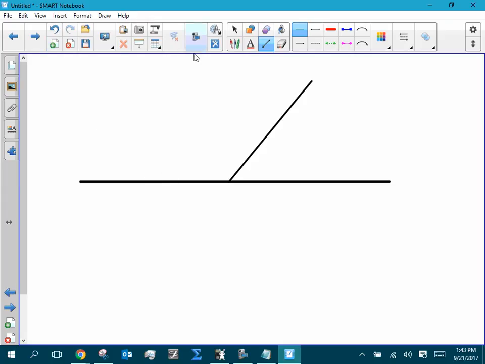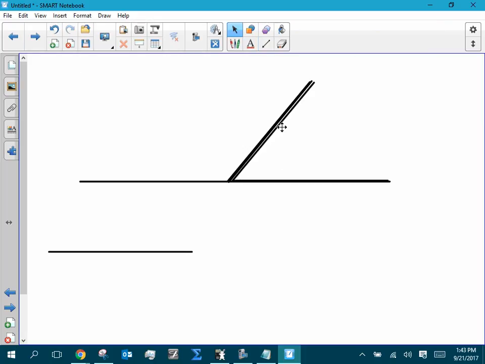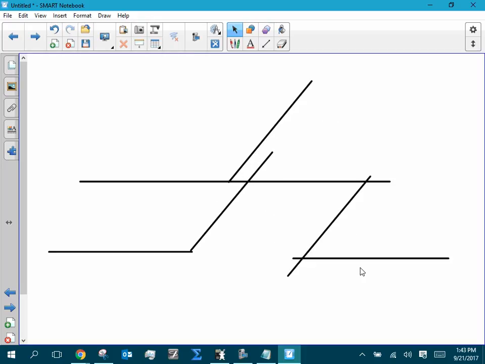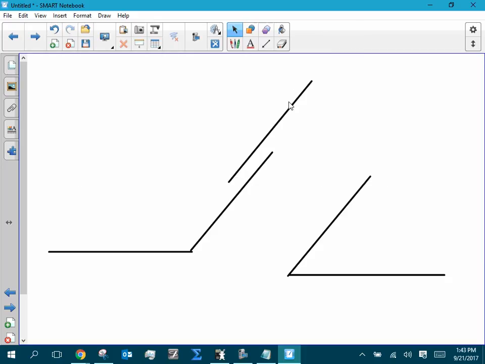But two angles could be, let me replicate this real quick. So I just cut and pasted to make those angles mirror the ones that were adjacent and supplementary. So these are still supplementary. Does that kind of make sense? But they're no longer adjacent. All right.